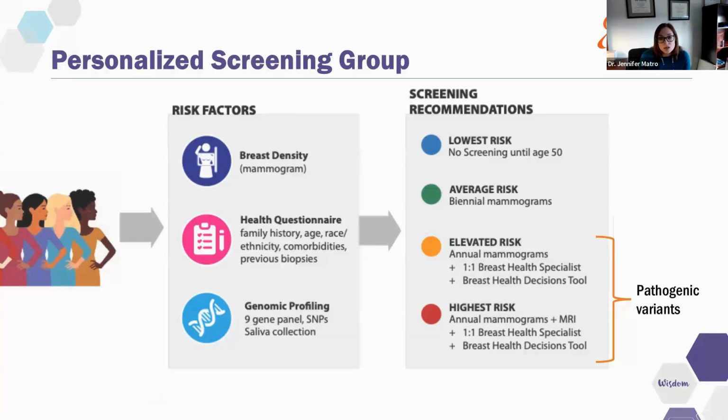The lowest risk did not start screening until age 50. Average risk had biennial mammograms, and patients with elevated risks had annual mammograms. They could meet with a breast health specialist. The highest risk were patients who had pathogenic variants, like a BRCA mutation. Not only did they get annual mammograms, but they also got MRI.